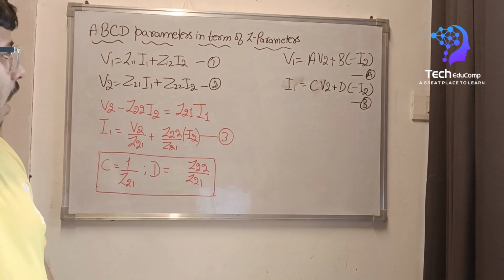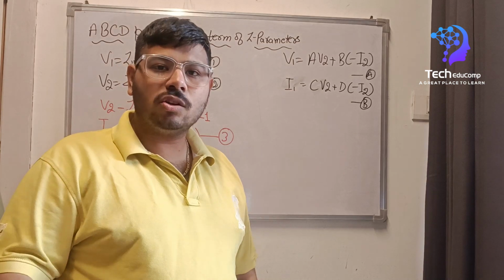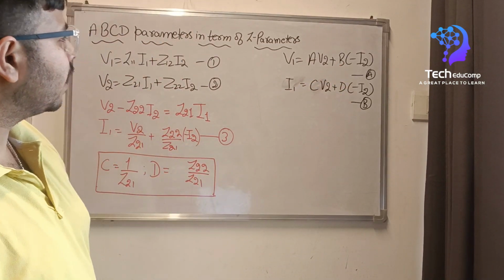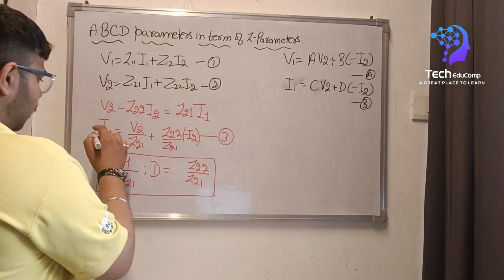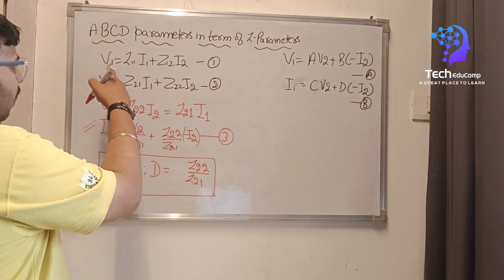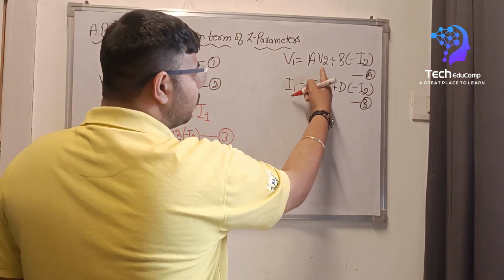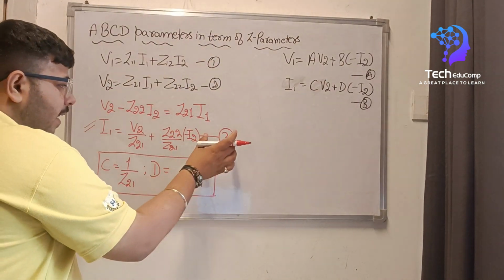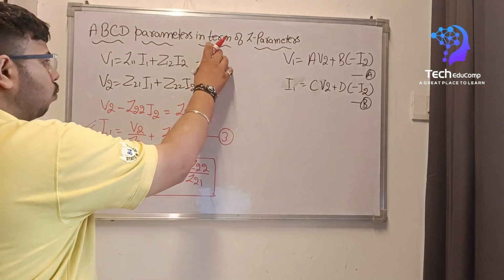Now I have got two values, C and D. Only two unknowns are remaining, that is A and B. So how can I write them? Listen, I have I1 in equation 3, and in equation 1 I have V1, I1 and I2, and in equation A I have V1, V2 and I2. So I can input the value of I1 from equation 3 into equation 1.